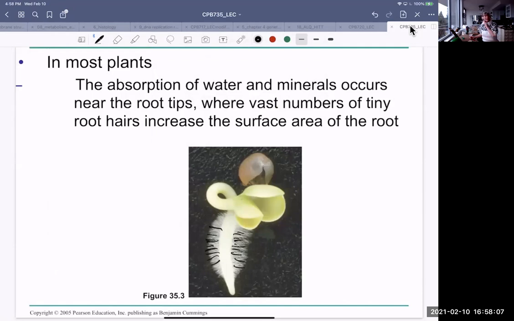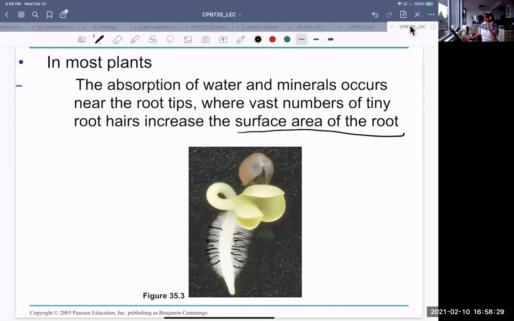And the purpose of the root hairs is to increase the surface area of the root. Because sometimes these root systems are servicing enormous plants, trees that can be 360 feet tall. So having a large surface area is important.